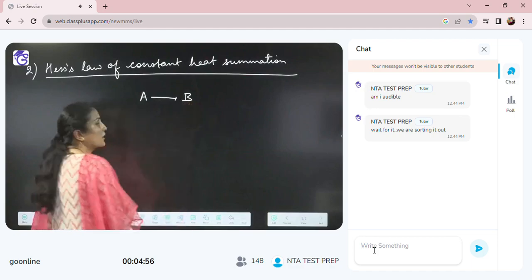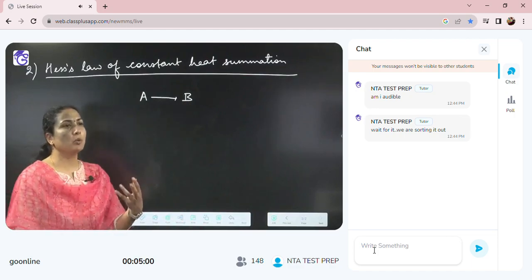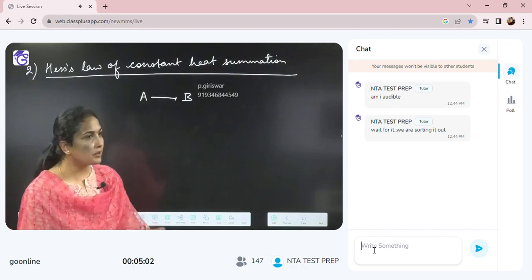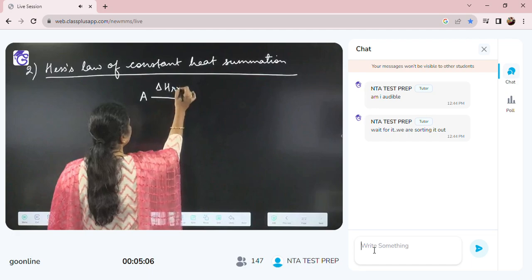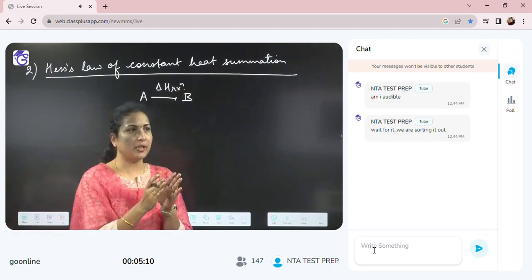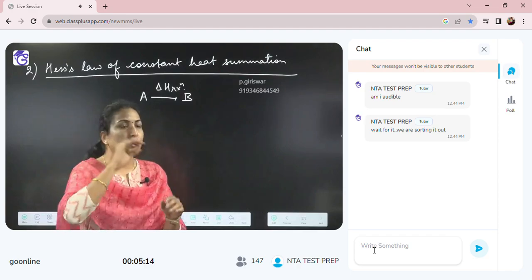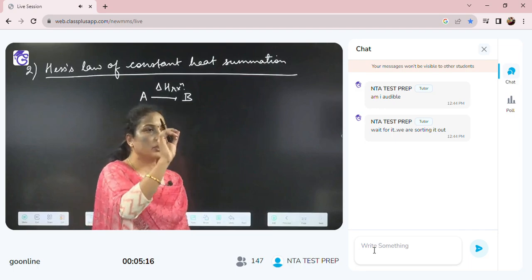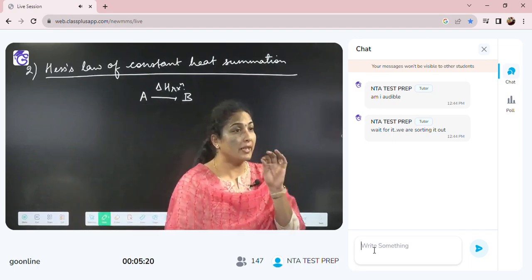That means reactant is A, we are ending up at product B. Now there will be definitely some amount of heat liberated or absorbed in this reaction. So let us call that delta H reaction. So Hess law simply states that whether you carry out a reaction in one step or more than one step, the total amount of heat which is absorbed or liberated in a chemical reaction remains same.